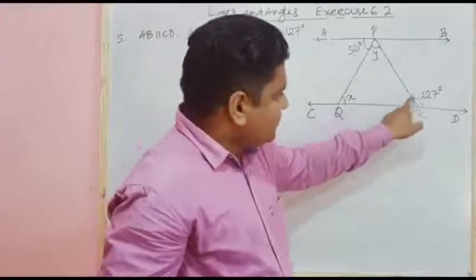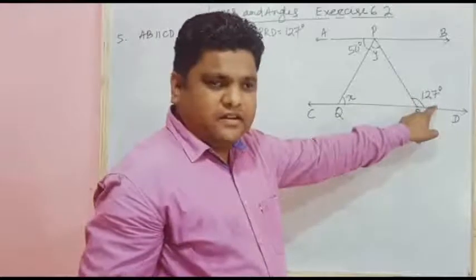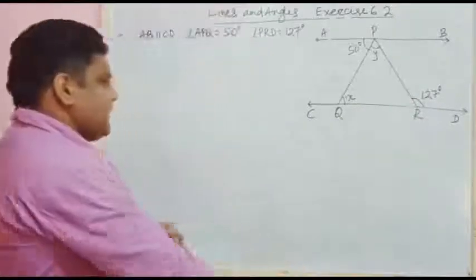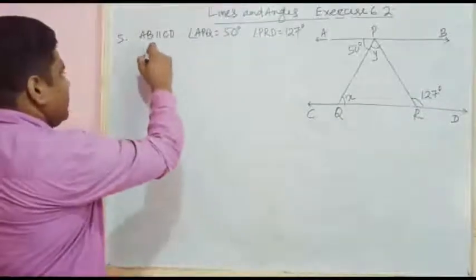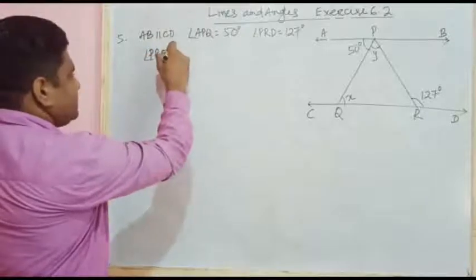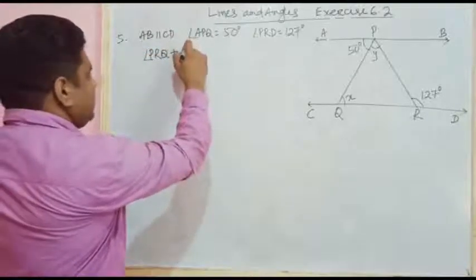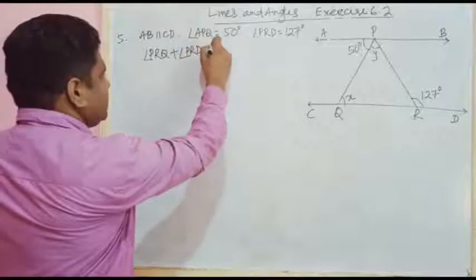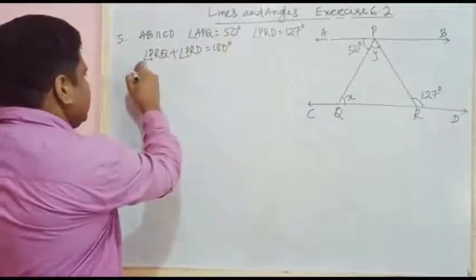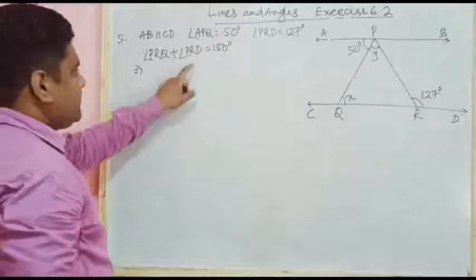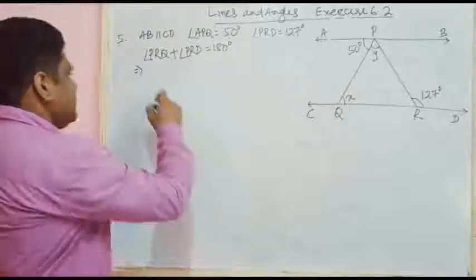These two angles form a pair of linear angles, so we can write angle PRQ plus angle PRD is equal to 180 degrees. In place of angle PRD we can write 127 degrees.